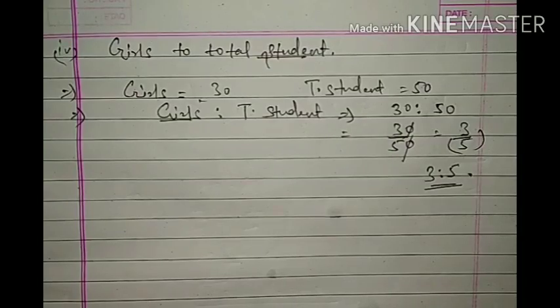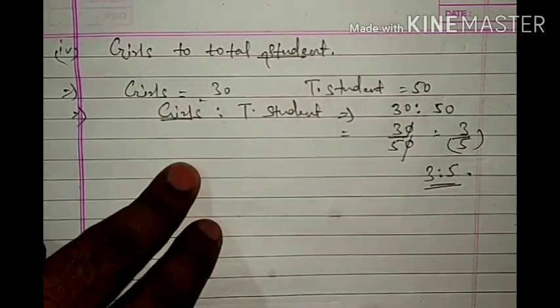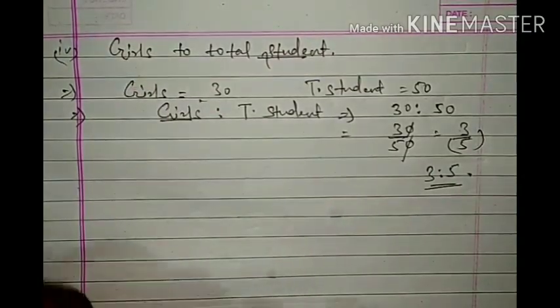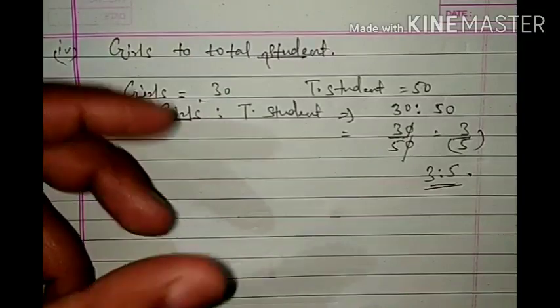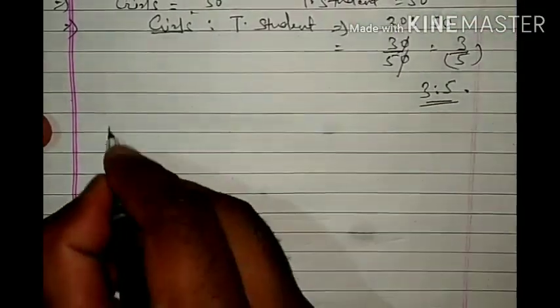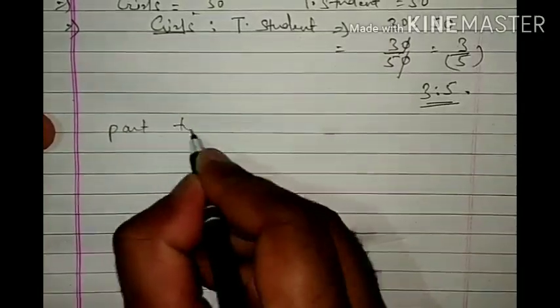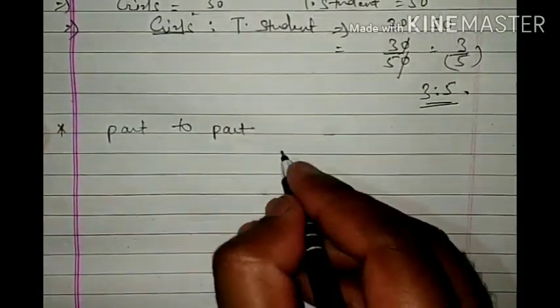Next, we studied about the types of ratios. There are two types of ratios. The first is part to part and the second is part to whole. What is part to part? In part to part ratio, we compare one part to the other part. Let me write a definition for you. Part to part ratio.